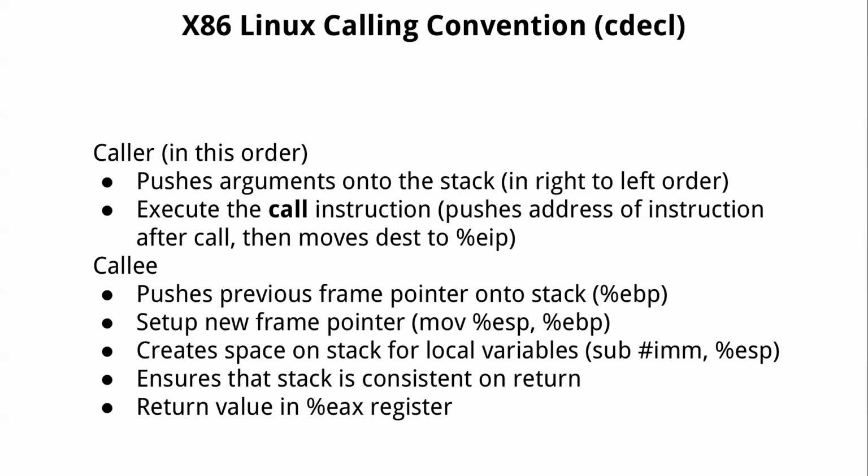In the 32-bit version, we have a calling convention called cdecl. In this rule, we have a caller, and the caller has the job to push the arguments, the parameters, to the stack, in right to left order. Let's say we have a C function f, and f takes 2 parameters, a and b.